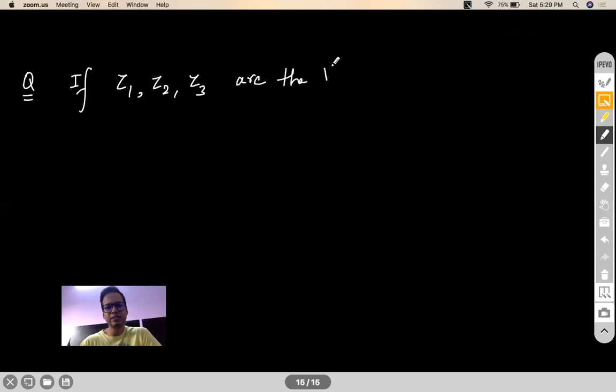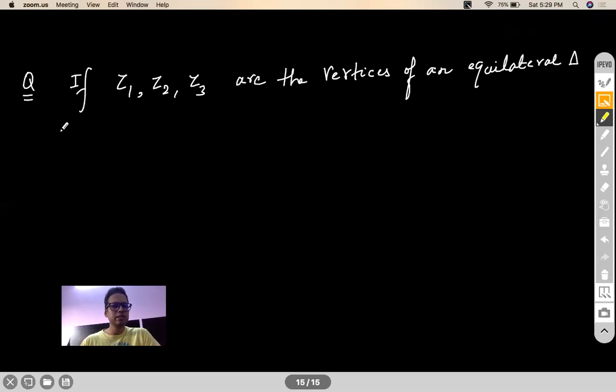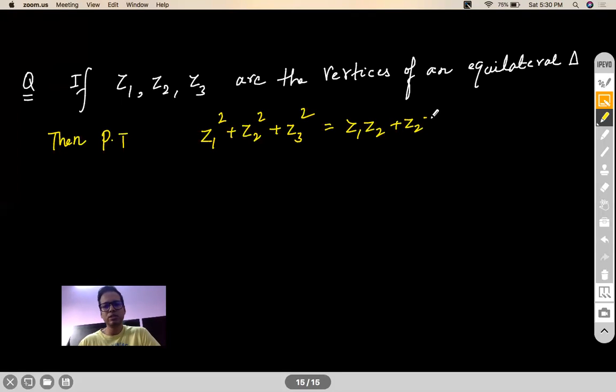Let's begin with a question. Question is, if Z1, Z2, Z3 are the vertices of an equilateral triangle, then prove that Z1 square plus Z2 square plus Z3 square is equal to Z1Z2 plus Z2Z3 plus Z3Z1.